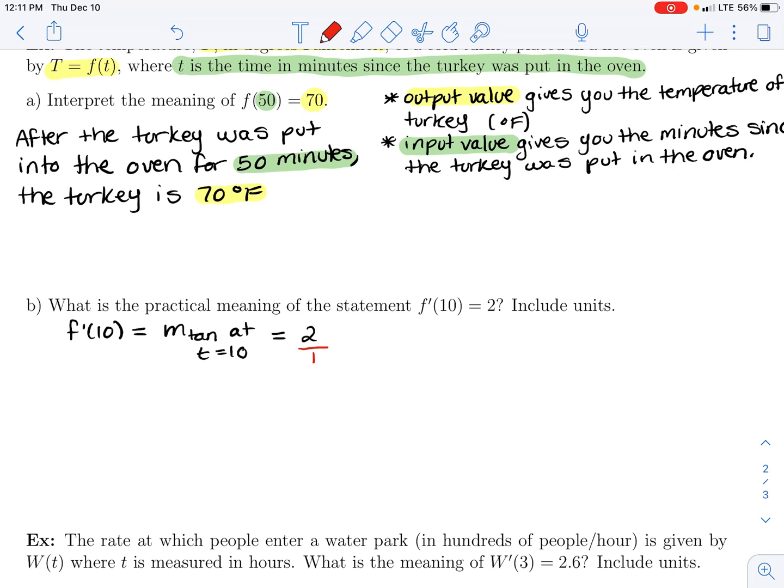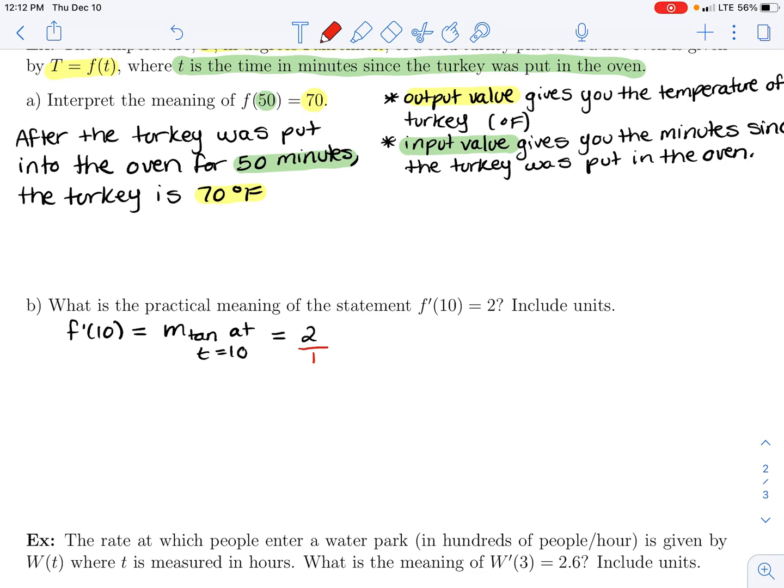writing it as 2 divided by 1, showing that rise over run, I can now see that my units for this should be the units for my output divided by the units for my input, because remember, it's the change in outputs divided by the change in inputs, or the change in y divided by the change in x.